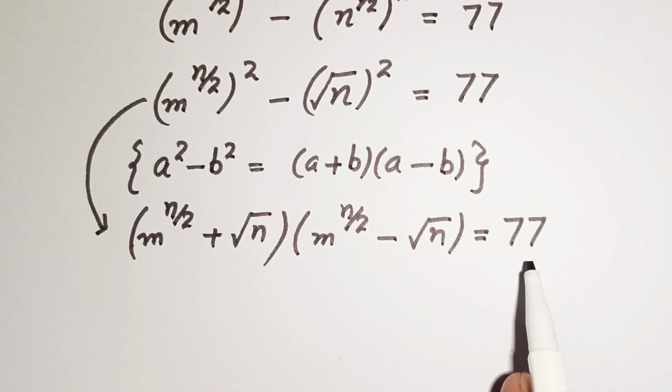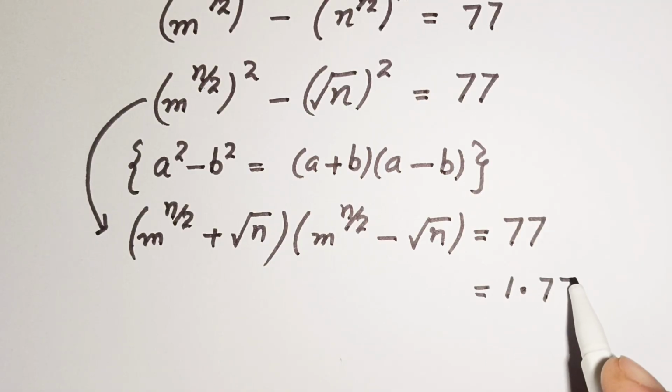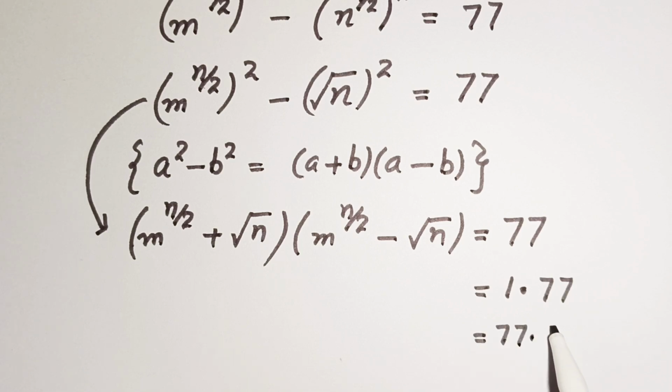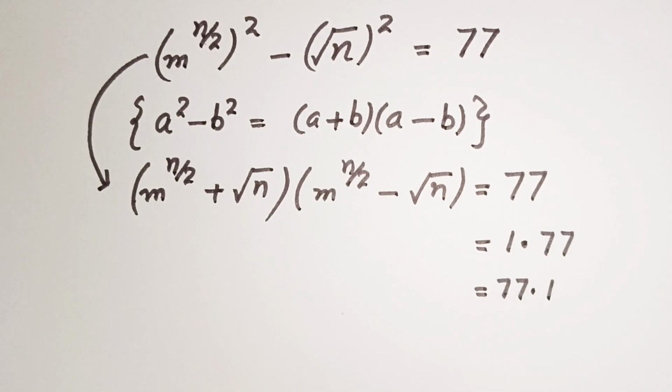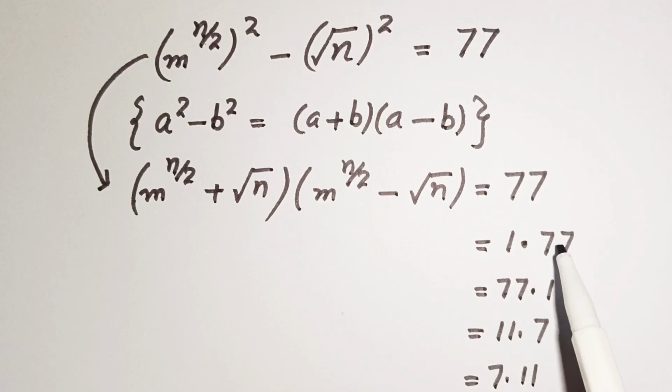So all possible factors of 77 will be, first of all, 1 times 77 is equal to 77, and similarly 77 times 1 is also 77. Then 11 times 7 and 7 times 11, so these are actually 4 possible factors.